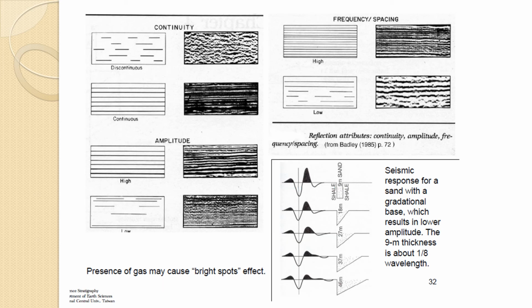Here are some examples from this figure. On the left side, it's just the explanation of how to interpret that. This is the drawing, the sketch, and on the right side you will see the real seismic section.